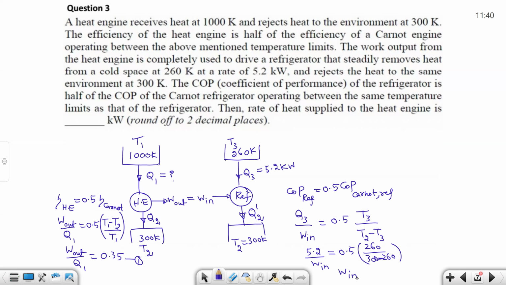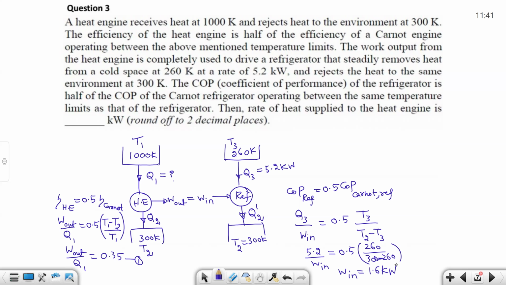So now we get to the work input. So work input will be 1.6 kilowatt.